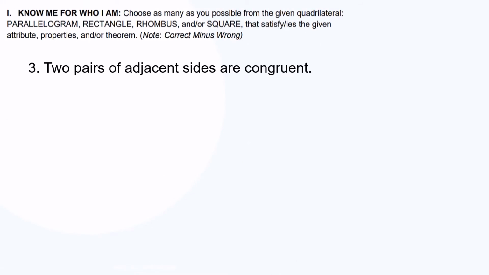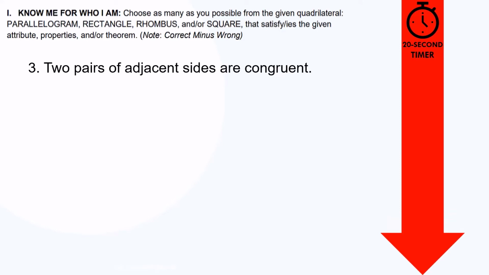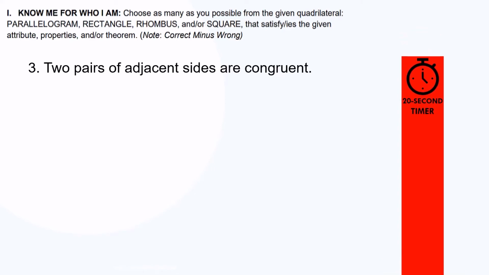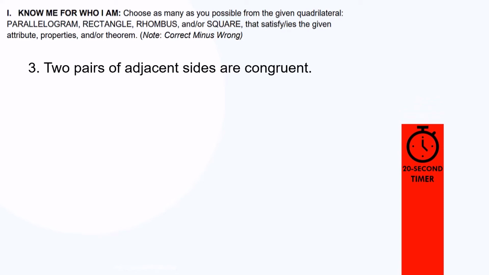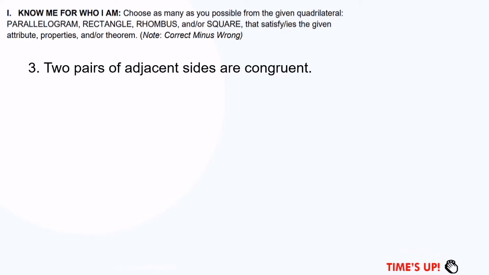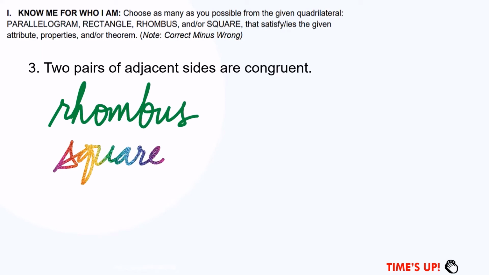Number 3, two pairs of adjacent sides are congruent. Your 20-second timer starts now. The correct answer, rhombus and square.